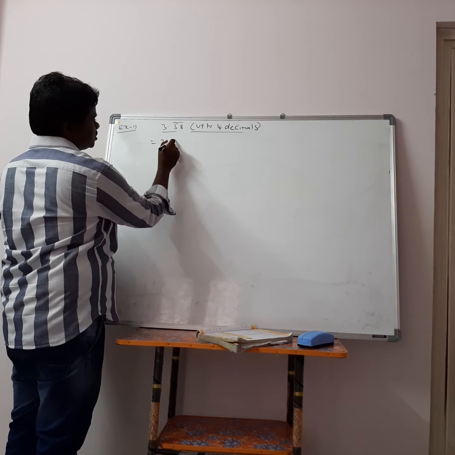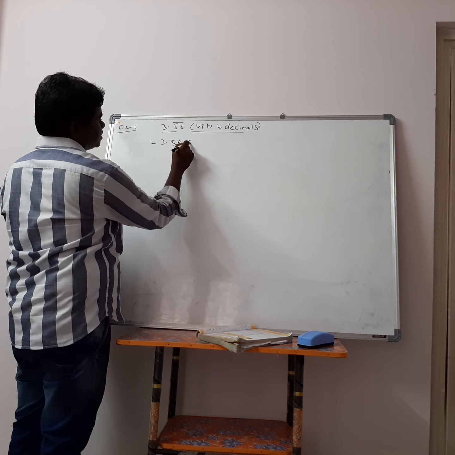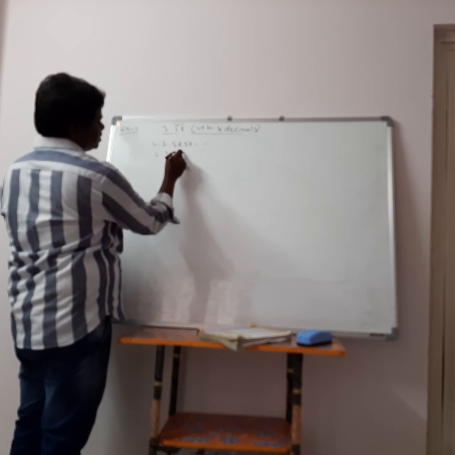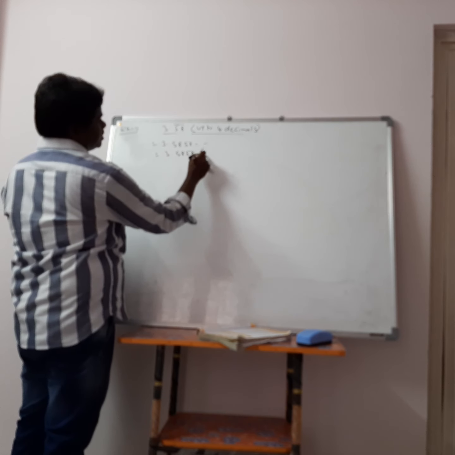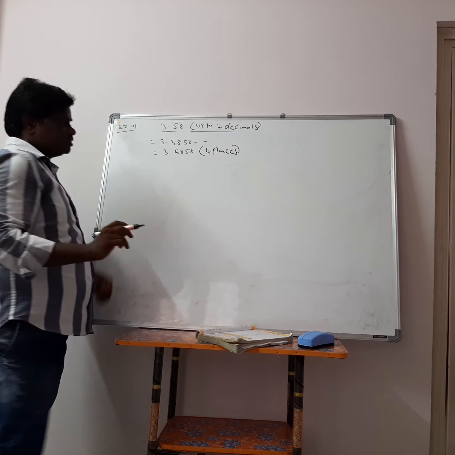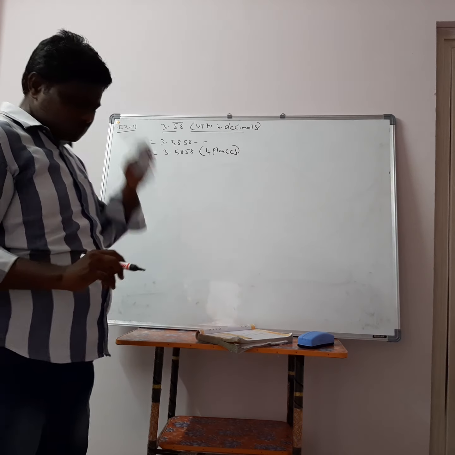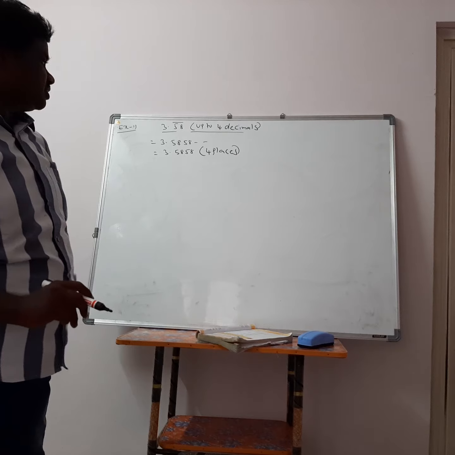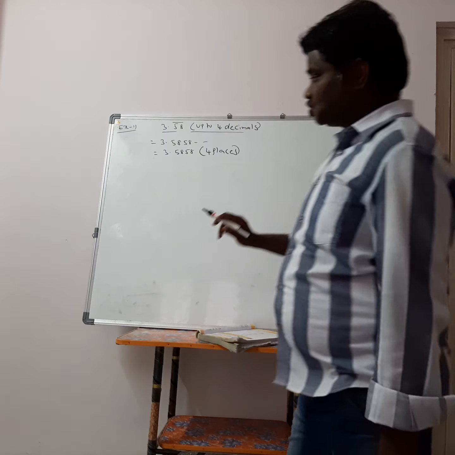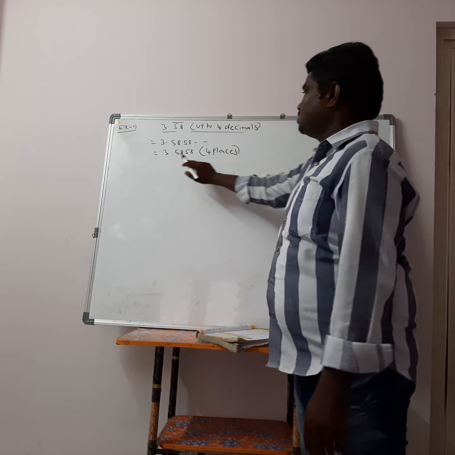3.58 bar means 3.585858 and so on. Only 4 places you have to take, 3.5858, because 4 places they asked. So children, here the number you have to keep is 3.5858.